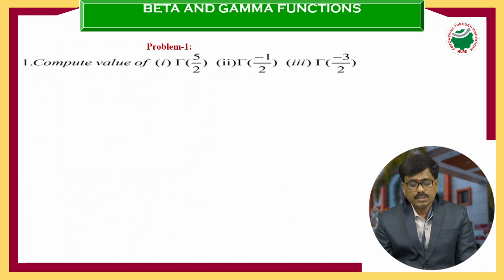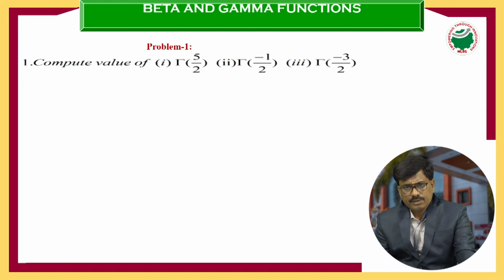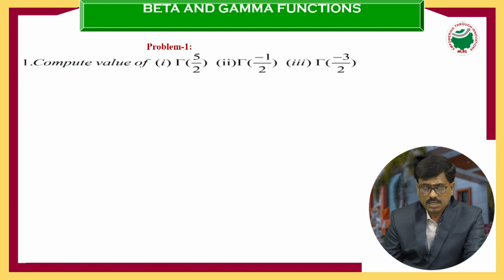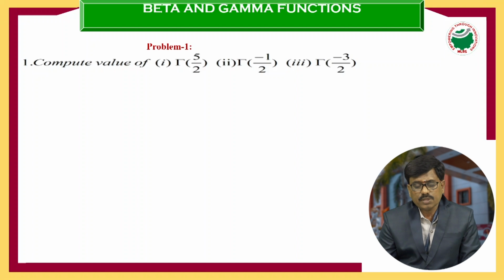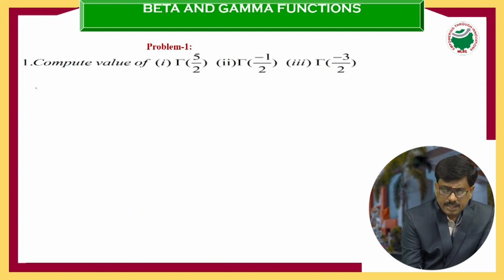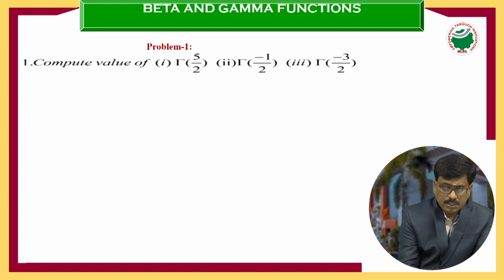Okay, let me calculate some gamma values, where the gamma values are undefined, which I also discussed in the previous classes. In problem 1, we need to compute the value of gamma of 5 by 2. Here the n value equals 5 by 2.